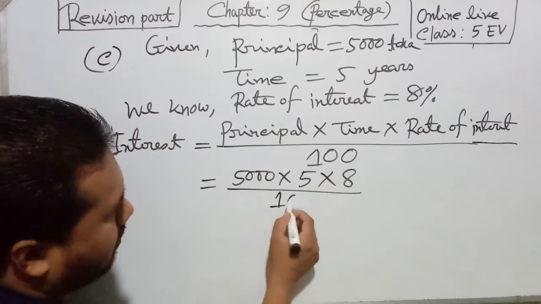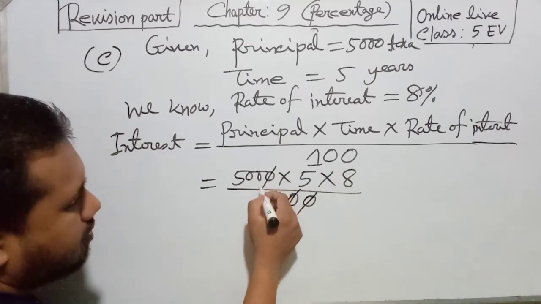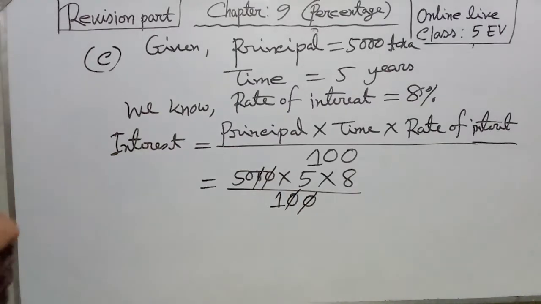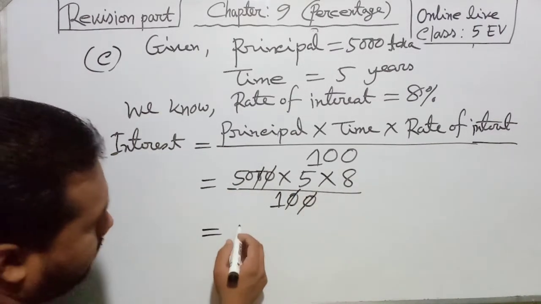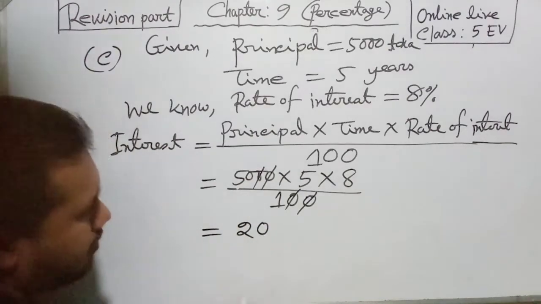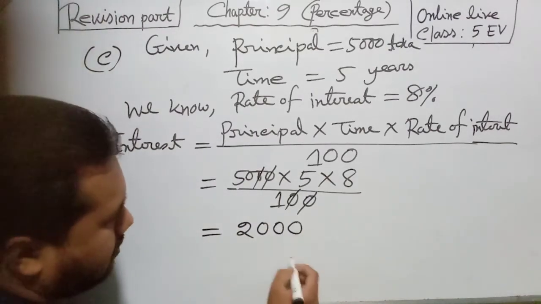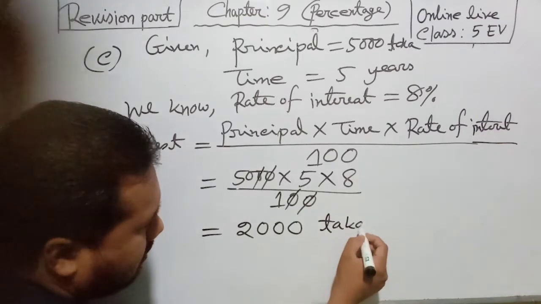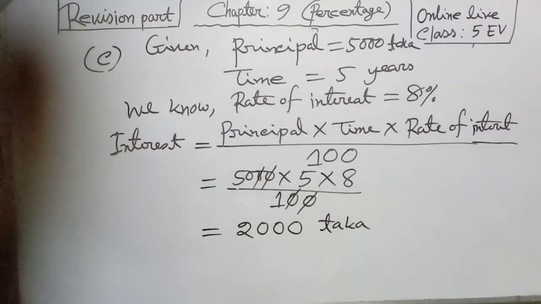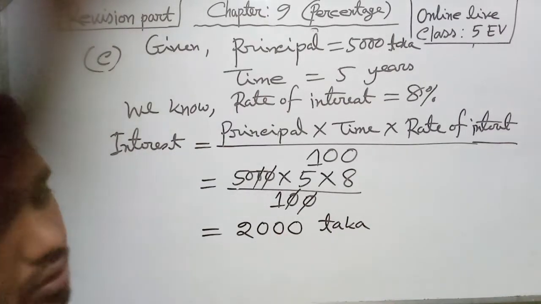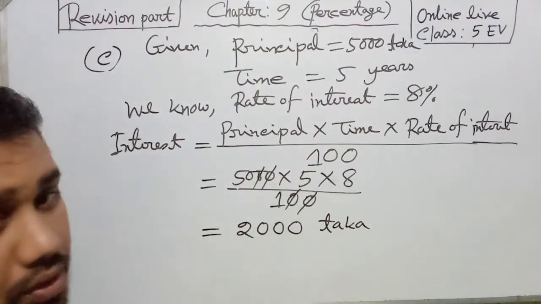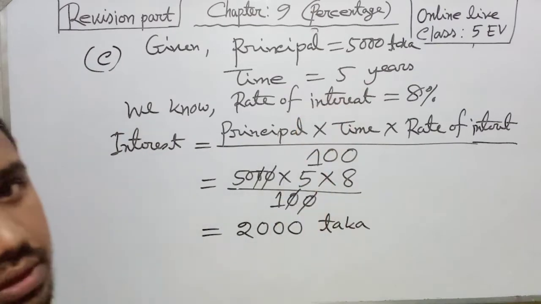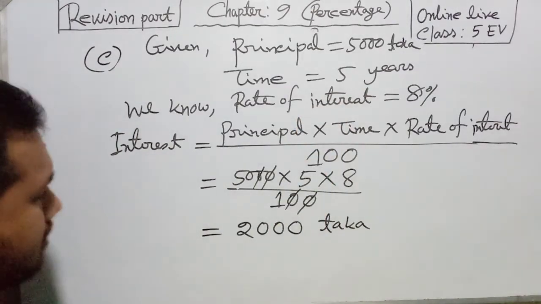Now put in the values: principal 5000, time 5 years, and this is 8 divided by 100. Now this and this minimize. Now 5 times 8 is 40 and this is 5, so it will be 20 and another 0, 20,000, that means 2000 taka. So after 5 years the interest should be 2000 taka, and his borrowed money was 5000 taka.